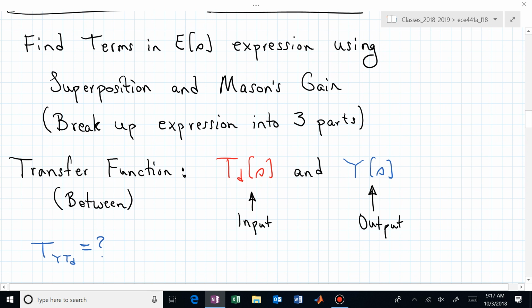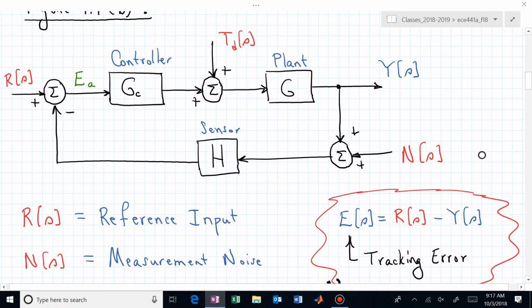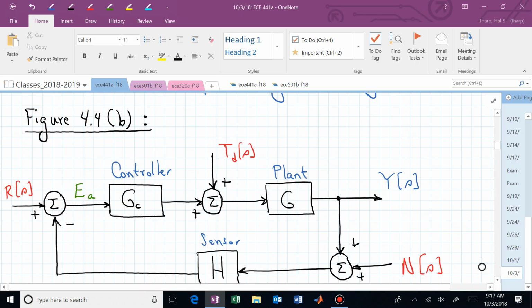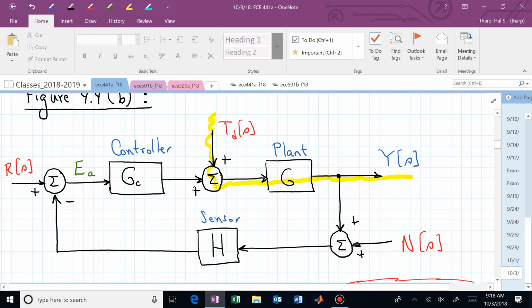Is it clear what I'm wanting you to do? Now I want you to go to this block diagram and find the transfer function between here and there. And I hope that you know that it's not G, because you have all of this interconnection.